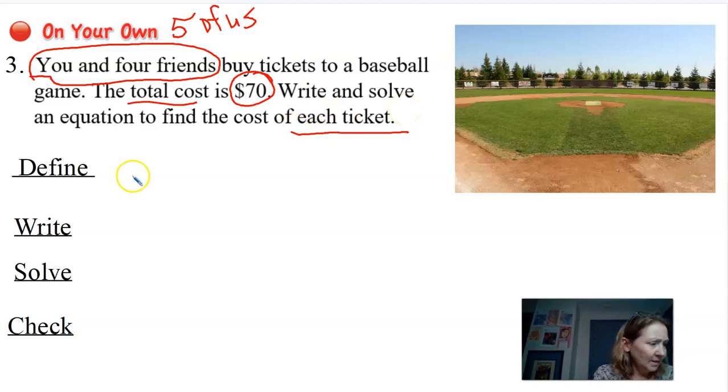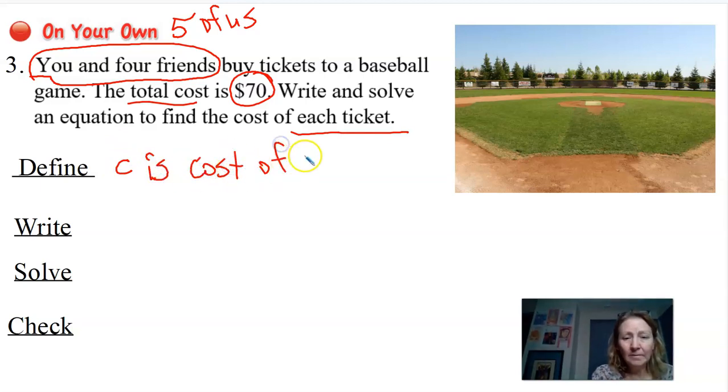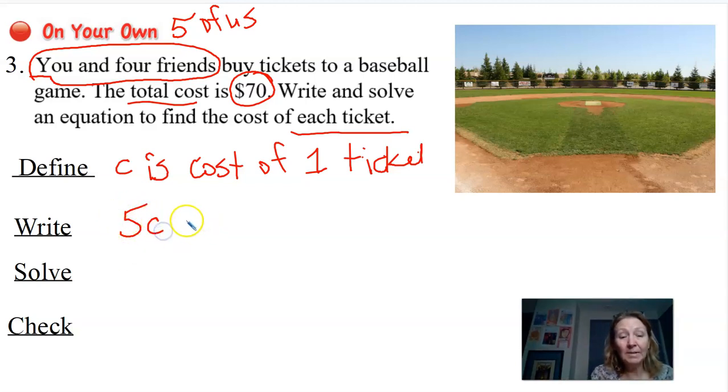Okay, so let's see. I used C. C is cost of 1 ticket. I usually think about the price of 1 ticket times how many tickets you need. So I usually write equations of situations like this with the number of tickets I need times the cost equals the total.